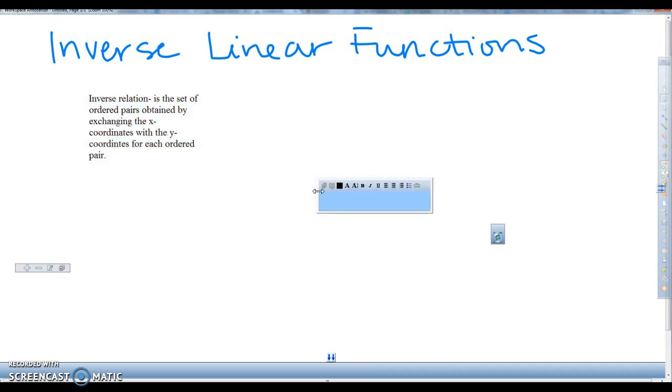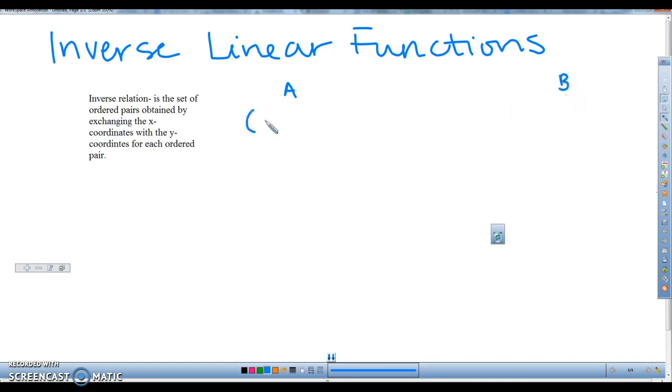Okay, so that means that if I have my original things, we'll call it column A, and then I'll put my new things, my inverse, in column B. So let's say I have the point -3, -16. When I take the inverse, I'm switching the x coordinate with the y coordinate.